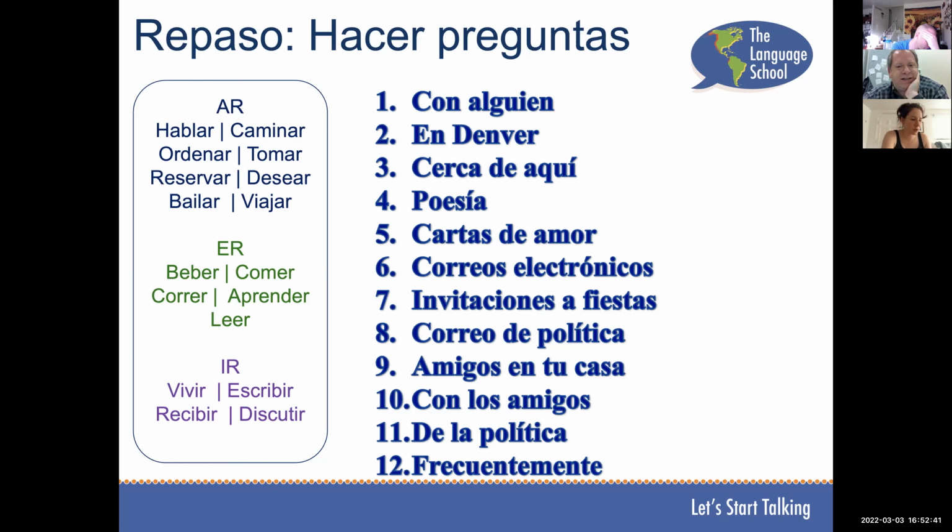Sí, escribo correos electrónicos cada día. ¿Tú recibes invitaciones a fiestas? Sí, recibo invitaciones a fiestas.